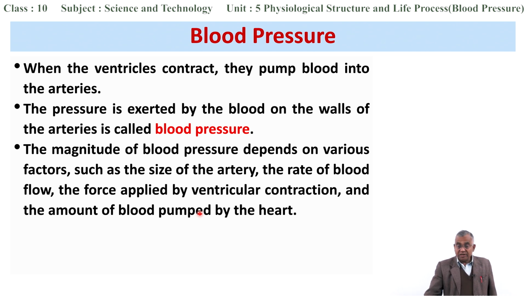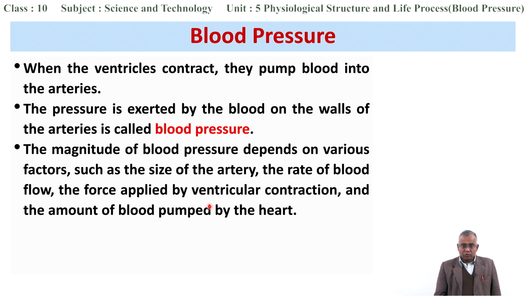If the density of the blood is more, then also it may cause this. If there are clots, that is also density increment. So there are many things like size of arteries, rate of blood flow, the force applied by ventricular contraction, which means the contraction of the ventricles, and the amount of blood pumped by the heart. They are interrelated. Altogether they give what?